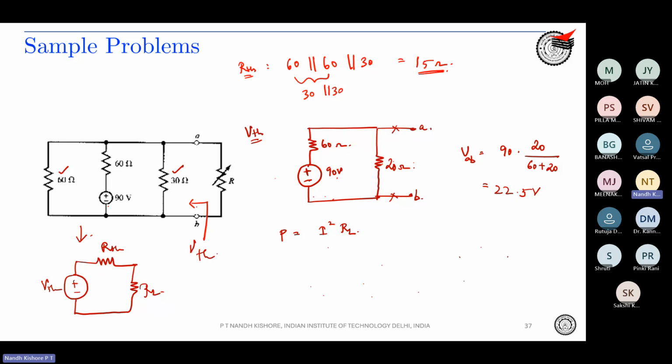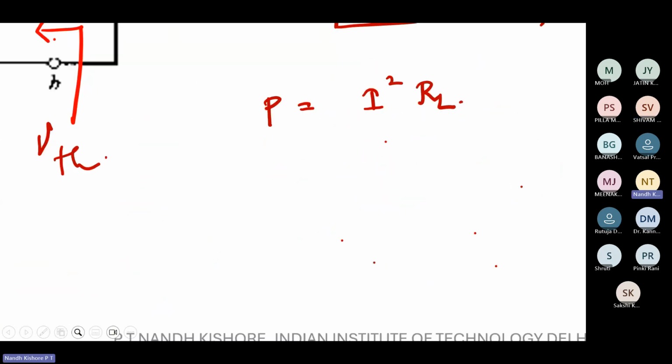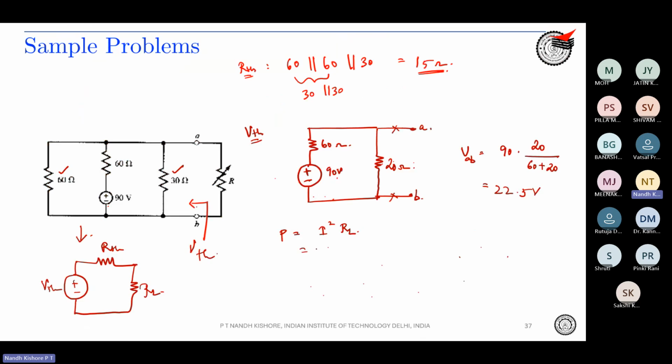That is true. So how is that formula coming? I is basically VTH divided by RTH plus RL, whole square into RL.